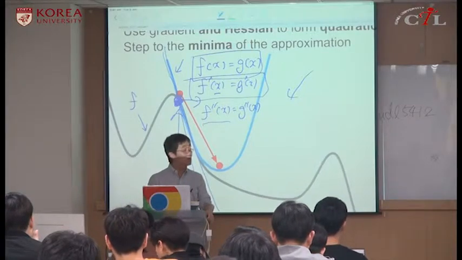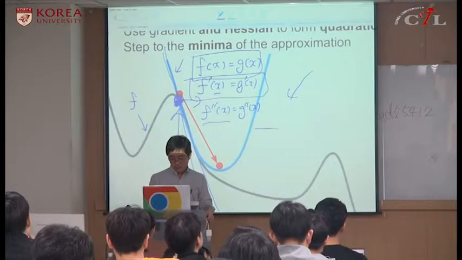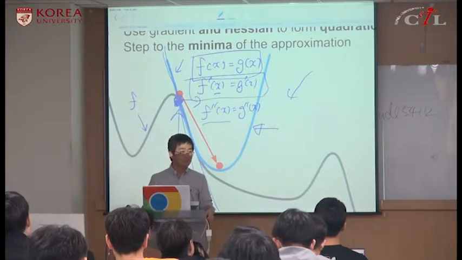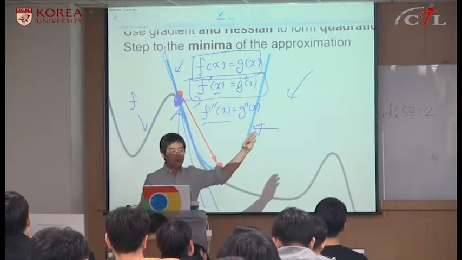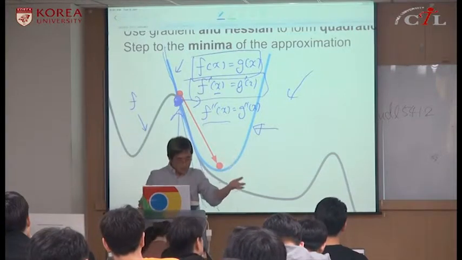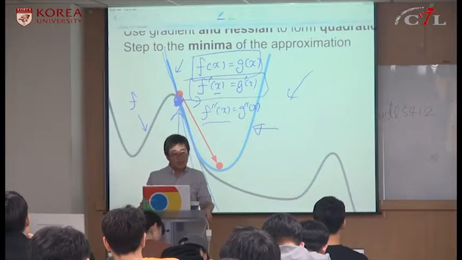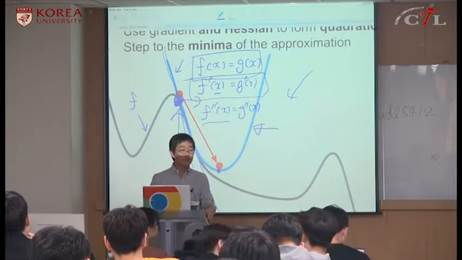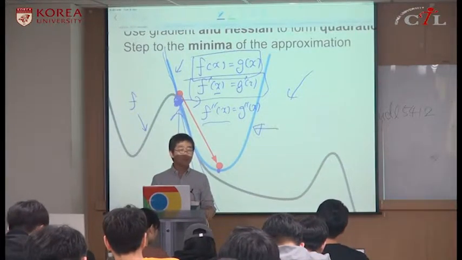So in that case, at this particular point, we can suppose that the approximated graph is represented as this blue line. Because we assume that the entire graph is like that, this is a second order curve, and then we can directly compute the minimum possible point, I mean the minimum point in terms of the function value.